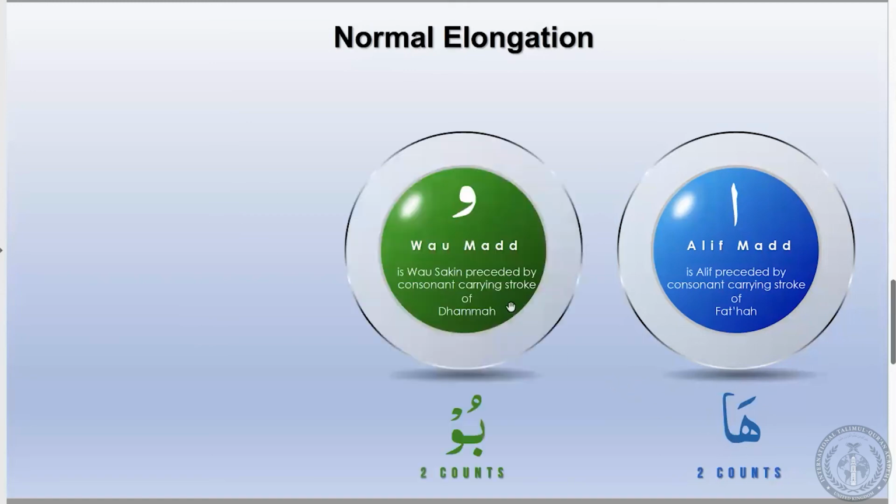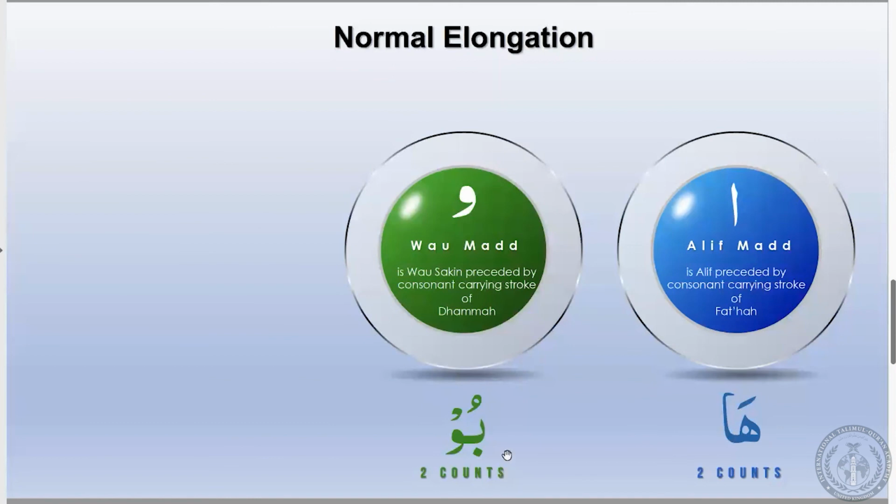Next we have waw mad. Waw mad is waw sakin preceded by a consonant carrying a stroke of dhamma, or in other words, a waw mad is where a waw sakin comes straight after a letter carrying a dhamma. As you can see over here, we have waw sakin, and the letter before carries a dhamma. And again, this as well we pronounce for 2 counts.